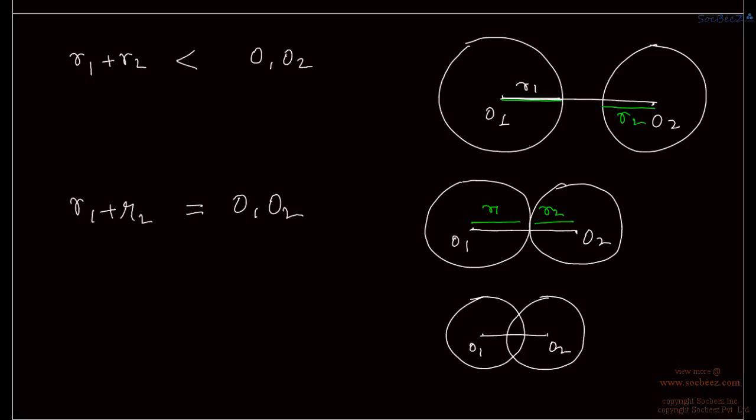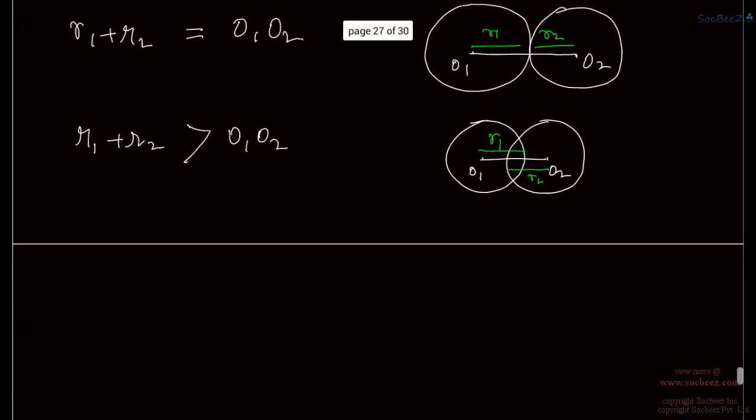Say this is O1, this is O2. Here R1 plus R2 is greater than O1 O2, because this is R1 and this is R2. Earlier we wrote less than, which is for when the circles do not intersect.